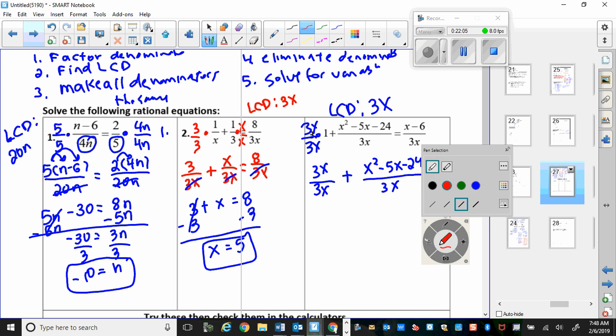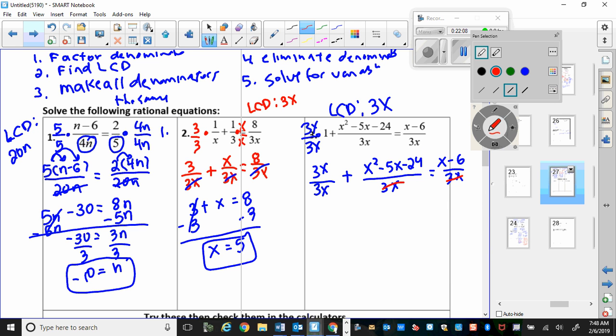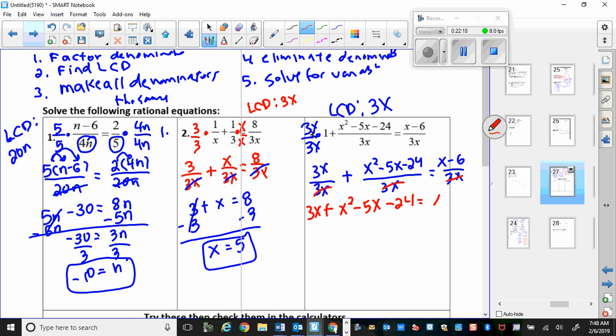Now I can eliminate denominators because they're all the same. And I end up with 3x plus x squared minus 5x minus 24 equals x minus 6.